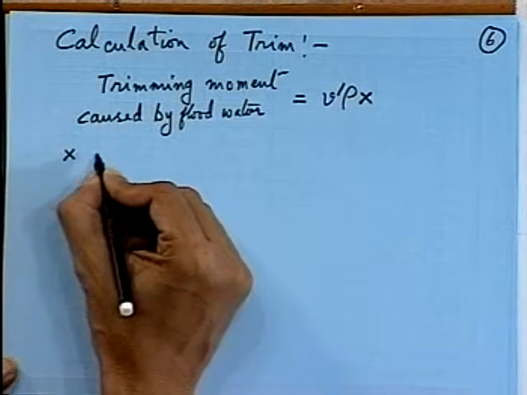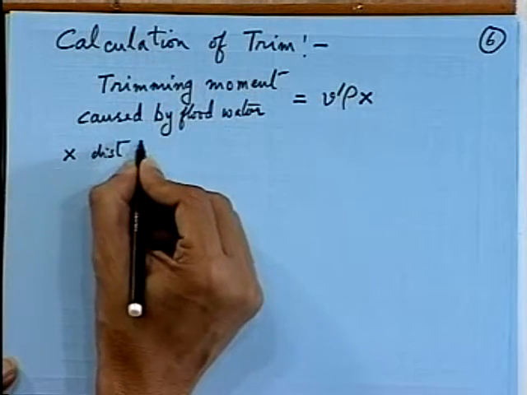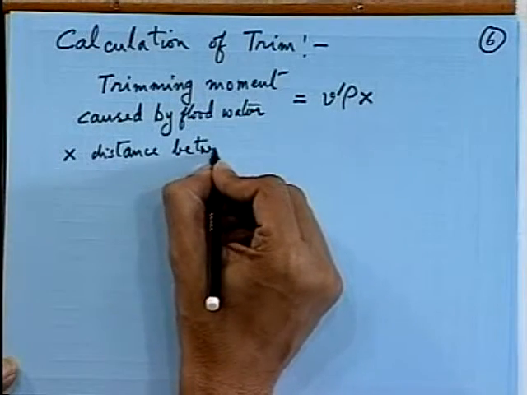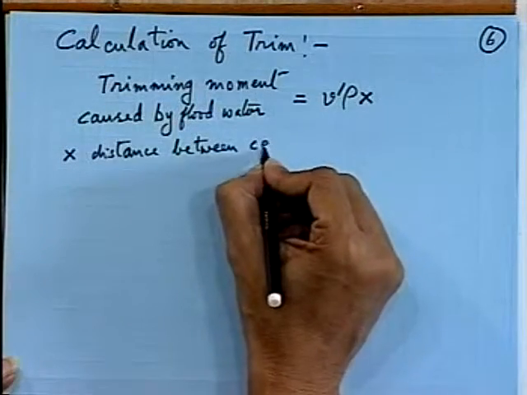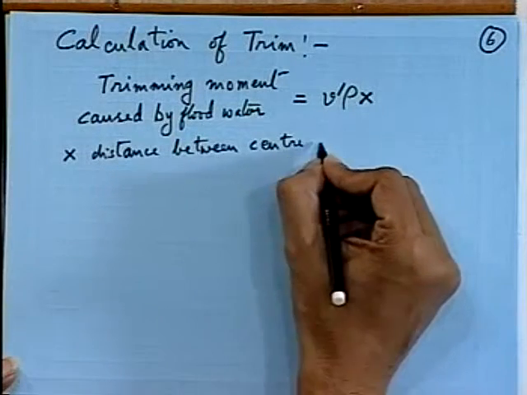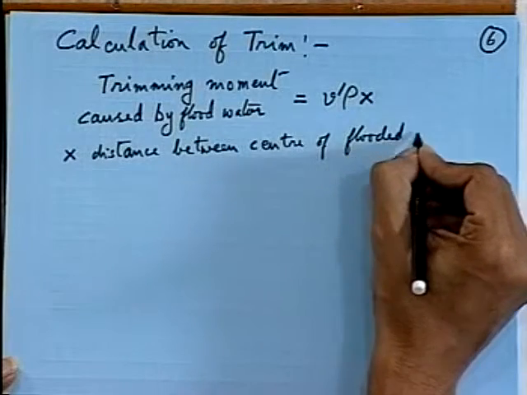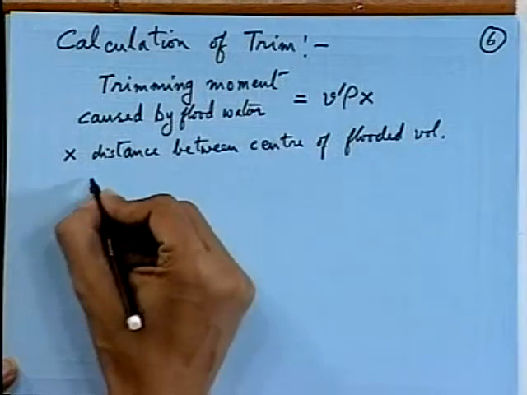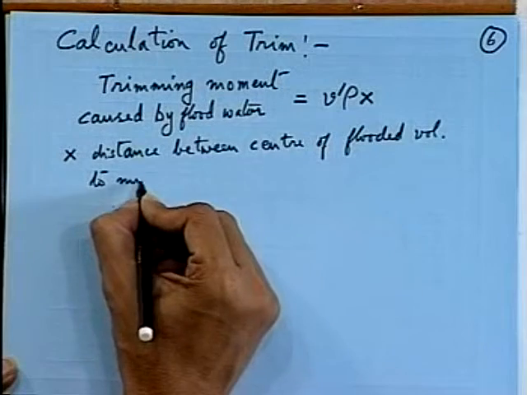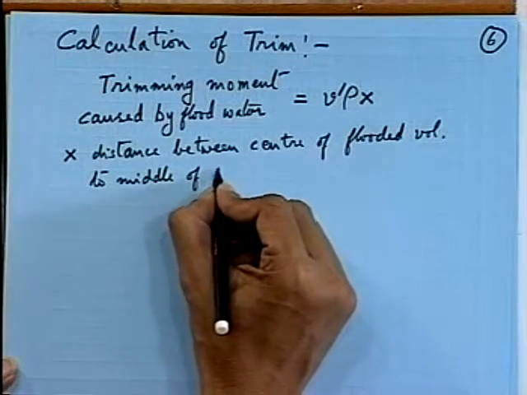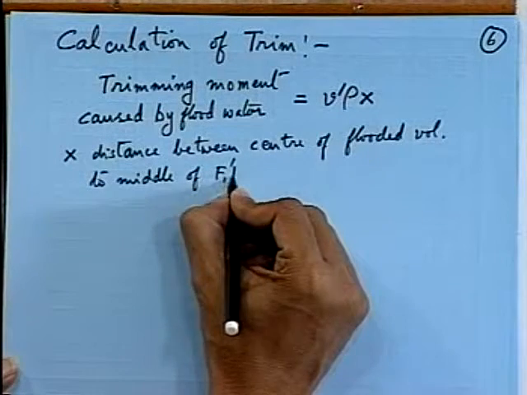X is the distance between the center of the flooded volume to the middle of F1 prime, F prime.